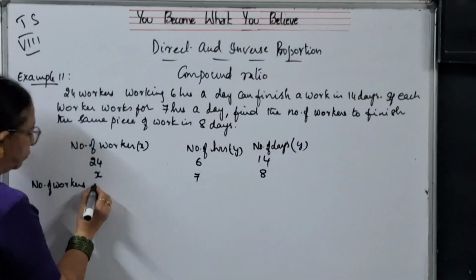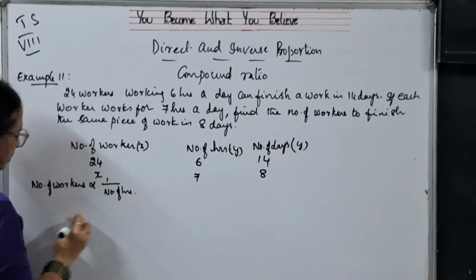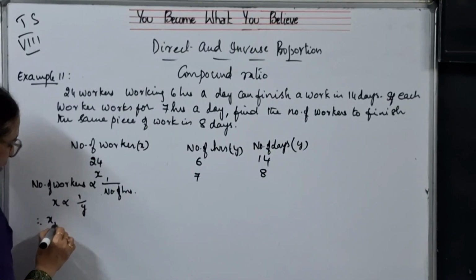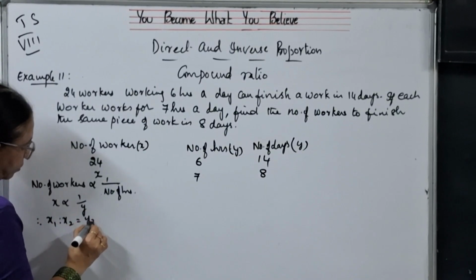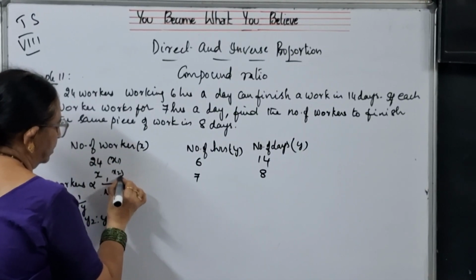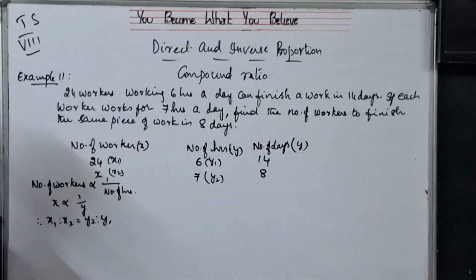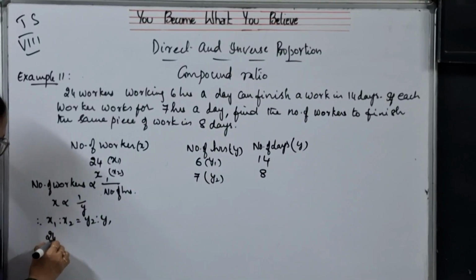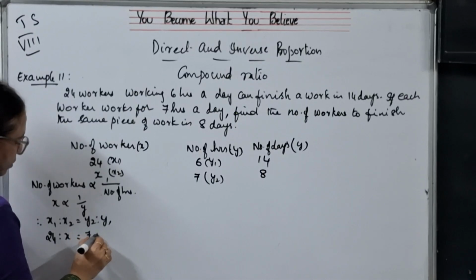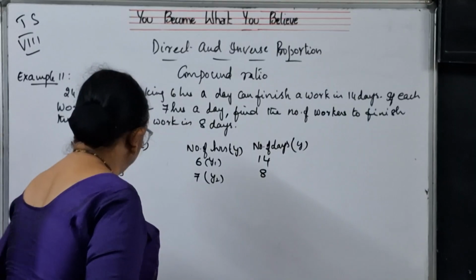So number of workers is inversely proportional to number of hours. That means x is inversely proportional to y. That means x1 is to x2 is equal to y2 is to y1. So this is x1, this is x2, this is y1, and this is y2. So x1 is 24 is to x2 is x is equal to y2 is 7 is to 6. Okay, here we need not simplify, it is itself like this. Now let me see the next.